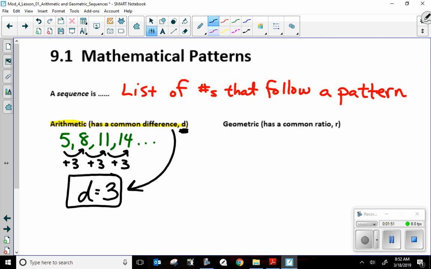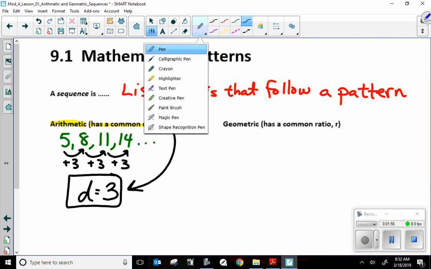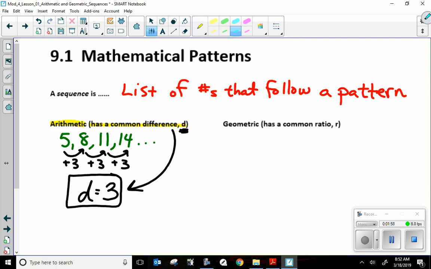Okay, so let's now go over geometric sequences. They have something called a common ratio. Let me give you an example of a sequence that is geometric: 10, 20, 40, 80, and so forth.